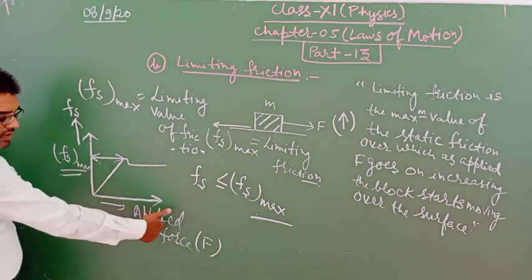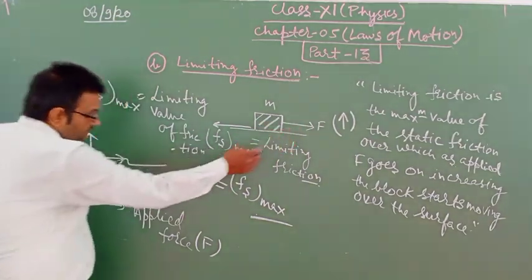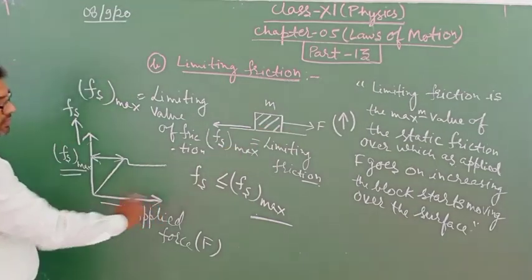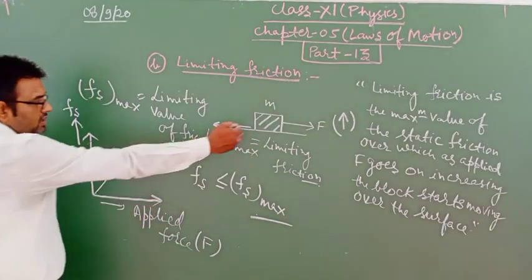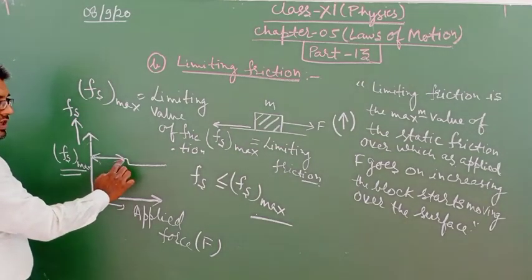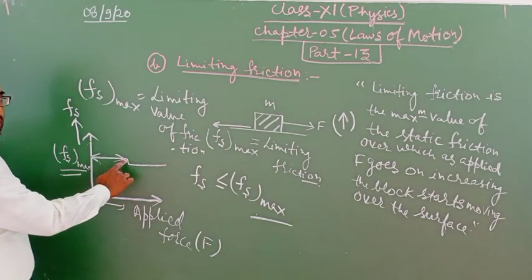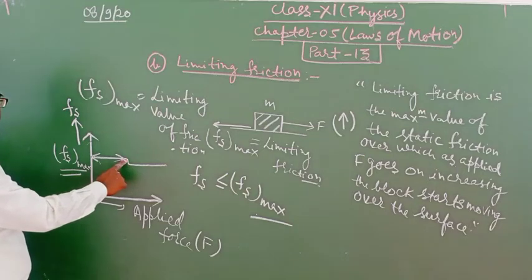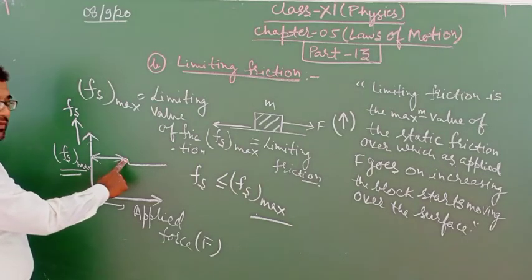As you increase the applied force on the block, the static friction also goes on increasing up to a certain value, up to which the block has not started moving.